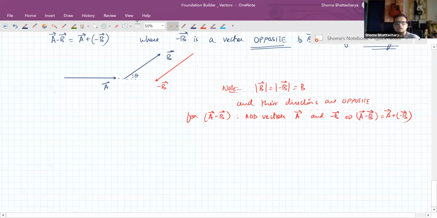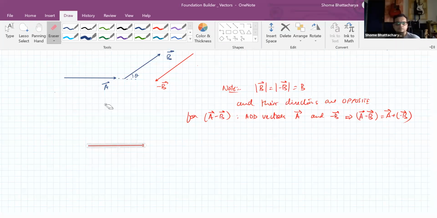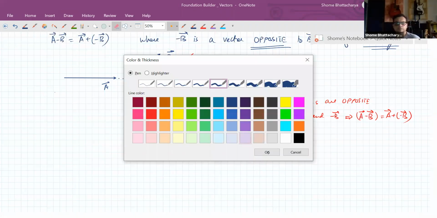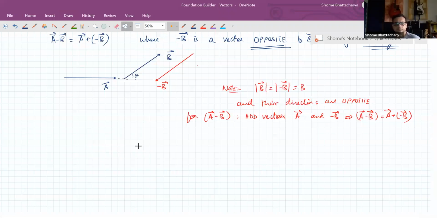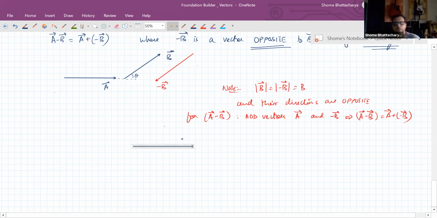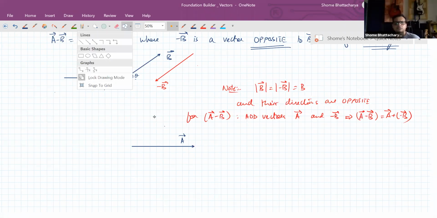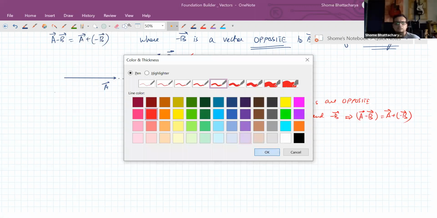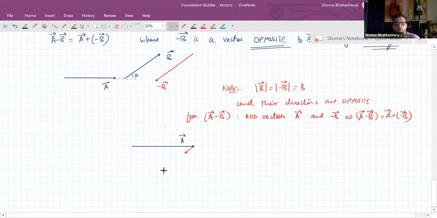So when we are adding the first one with the last one, which is minus B, how will the operation look like? It will look like this. We've taken the vector A from there, but to the vector A we are adding the vector minus B instead of adding the vector B.